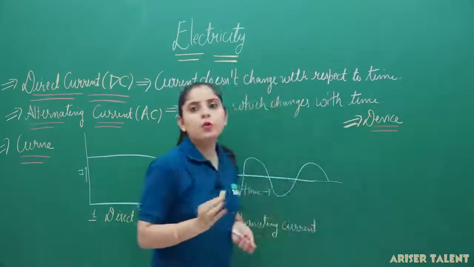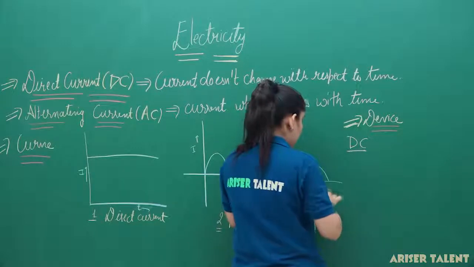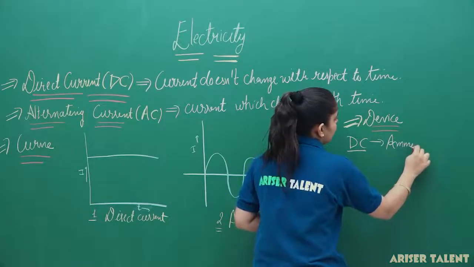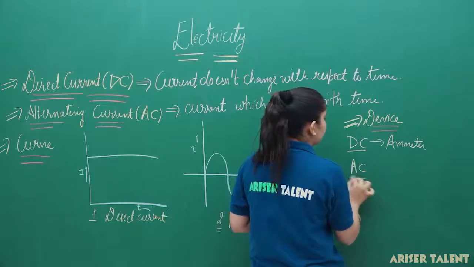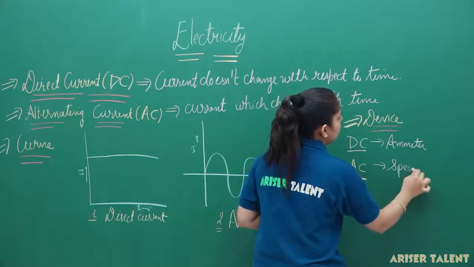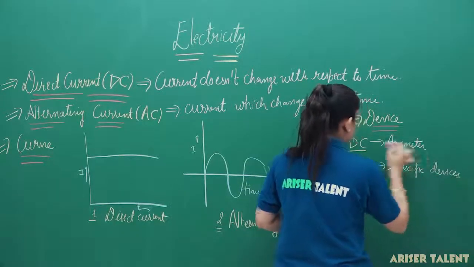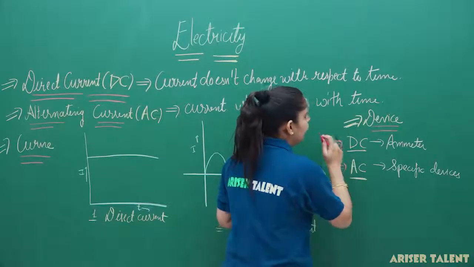If we are going to measure DC current, we will require an ammeter. And if we are going to measure AC current, what will we require? We will require specific devices. So this is the next point regarding their devices.